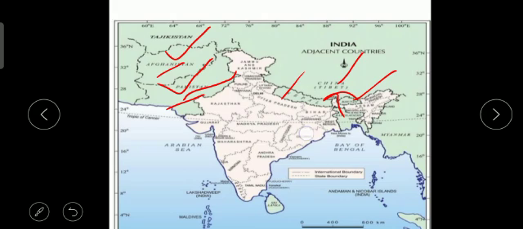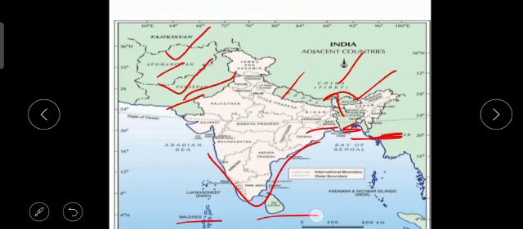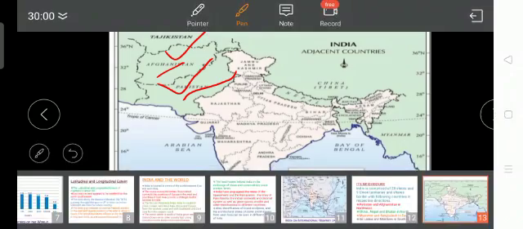In the east, there are two countries, that are Bangladesh and Myanmar. To the south of India, there are two island countries that are India's neighbors, that are Maldives and Sri Lanka. These are all the neighbors of India from different directions.